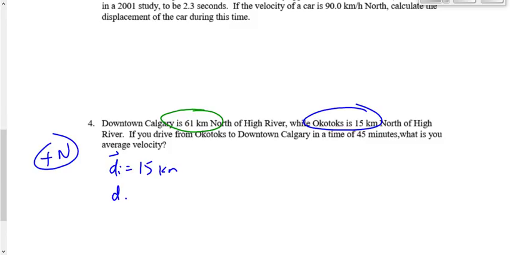My final position in Calgary is 61 kilometers north of High River. So it's positive as well. And it takes a time of 45 minutes, which I think I want to convert to hours. 45 divided by 60, because there's 60 minutes in an hour, gives me 0.75 hours.